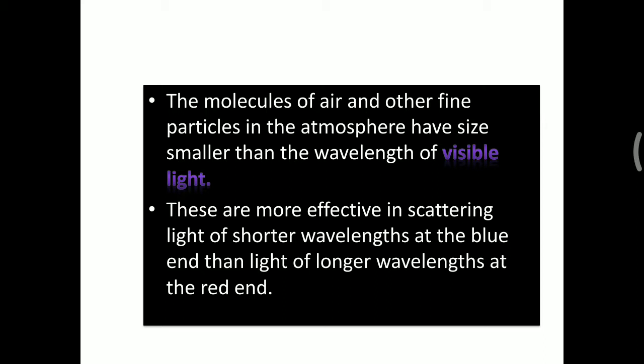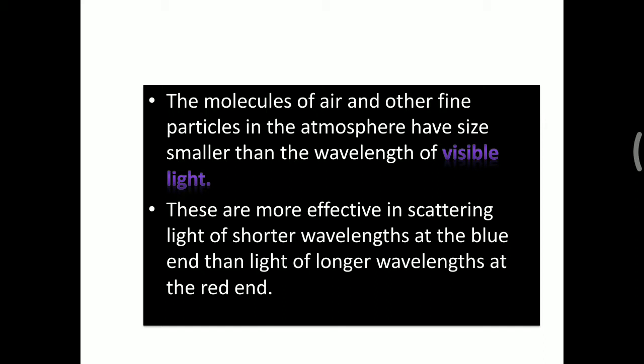The molecules of air and other fine particles in the atmosphere have a size smaller than the wavelength of visible light. So compared to the wavelength of the light, the particle sizes are very small.